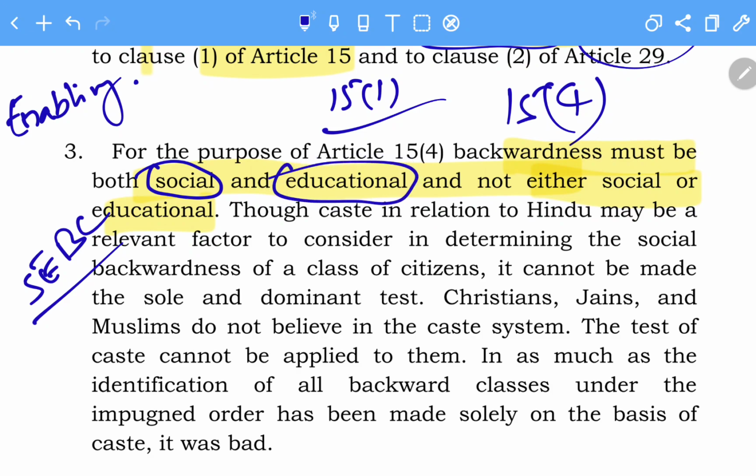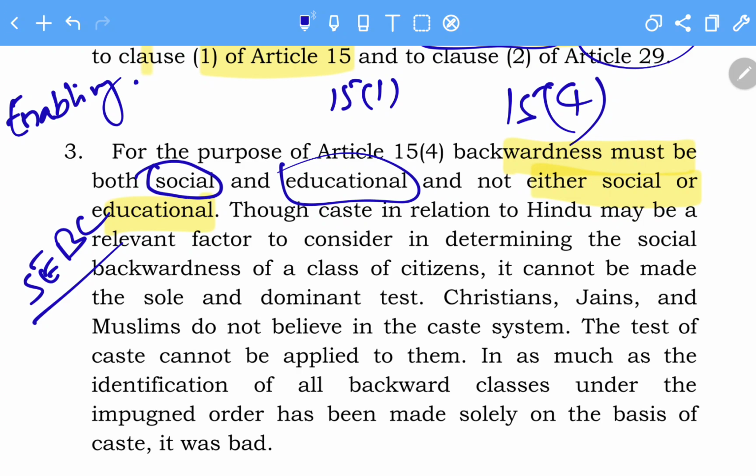It is not that you take only the social parameter and exclude the educational one. So whenever you identify them, you must have both kinds of parameters, social and educational.